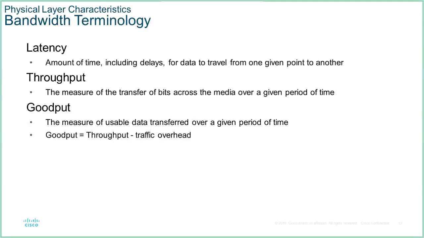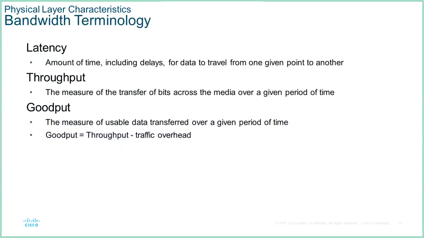Throughput is our actual measurement of our bandwidth. So how many bits travel across the media in a given time. And goodput is Cisco's way of measuring the actual data that is transferred in that time.